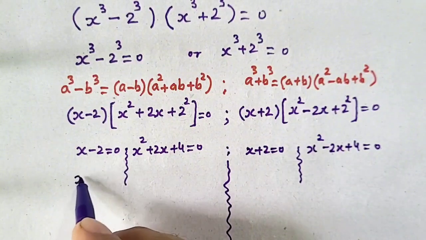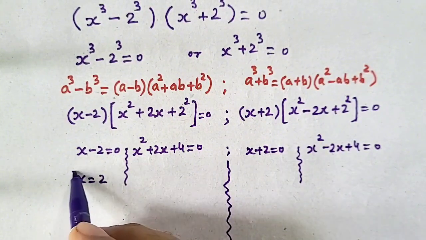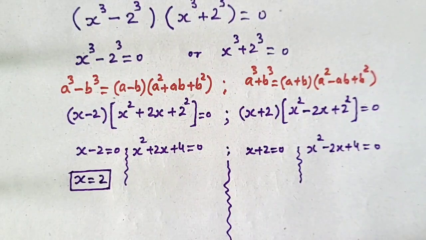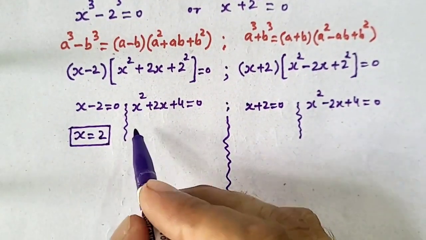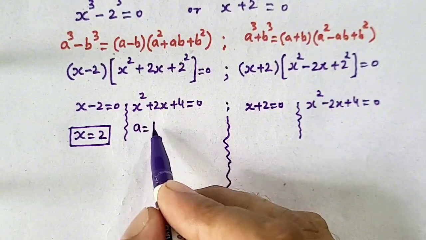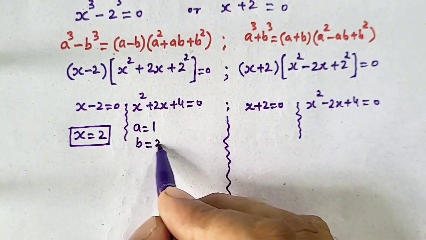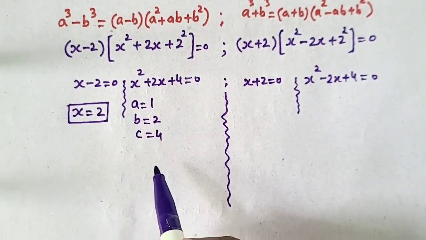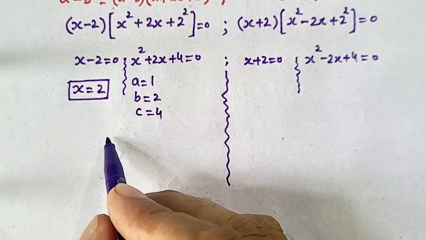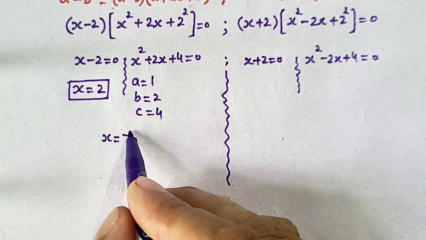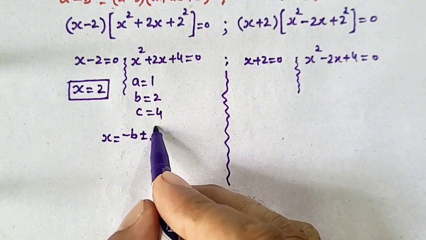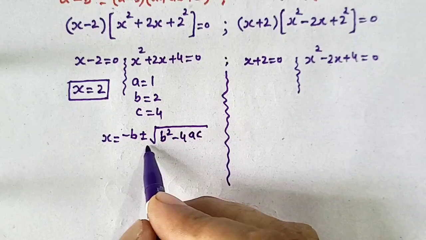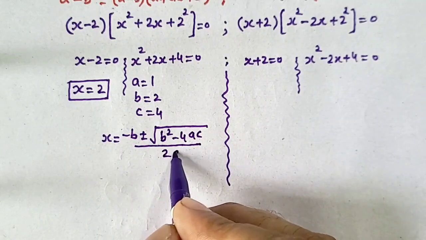It is simple, so x will be equal to 2. It is the first solution. And here we will apply the quadratic formula. Here a is equal to 1, b is equal to 2, and c is equal to 4. So by applying the quadratic formula, we will get x is equal to minus b plus minus square root of b squared minus 4ac, divided by 2a.